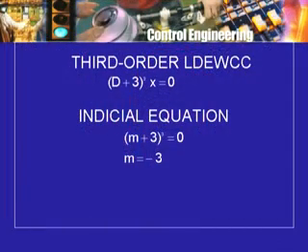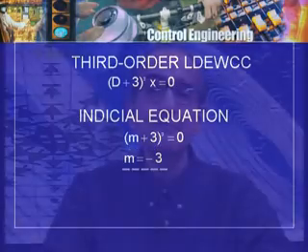Now of course we just have to be careful here. If the factor is m plus 3, then the root is minus 3. So the number that appears here appears as plus 3, the root is minus 3, because the root is what makes this 0, and m plus 3 is 0 when m is minus 3.